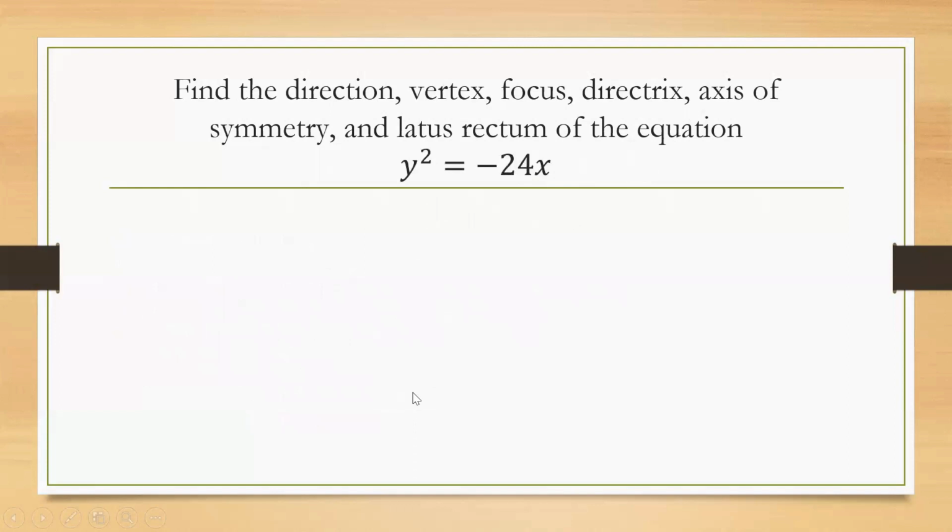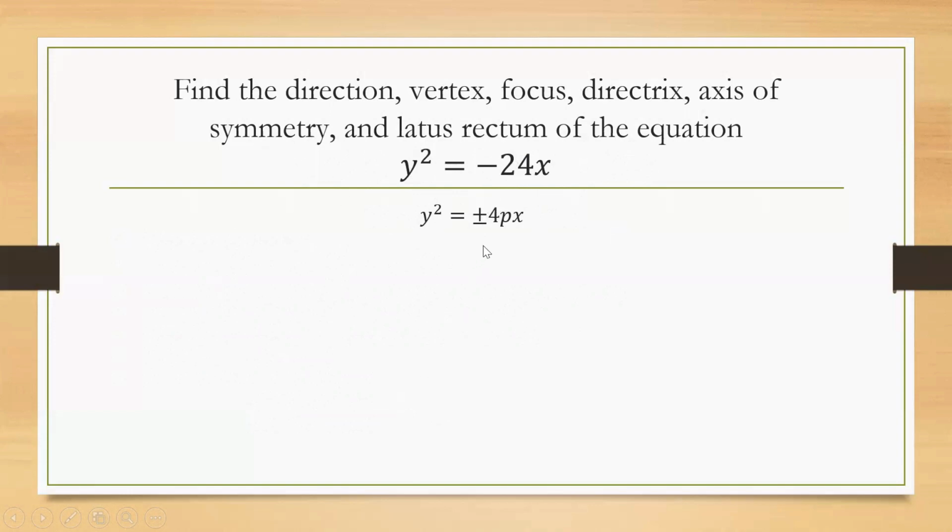Next, y squared equals -24x. So write this down as our guide, and then we may notice that this equation is in the form wherein the center, the vertex rather, is at the origin.